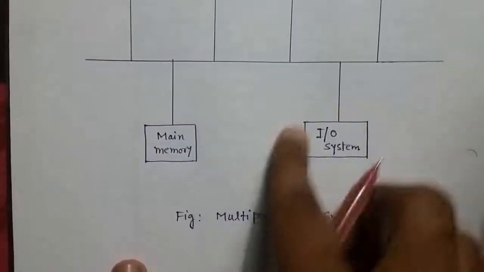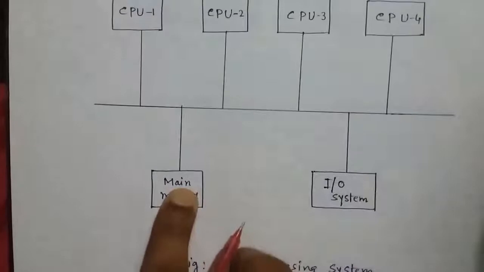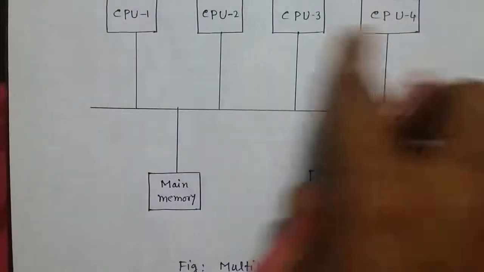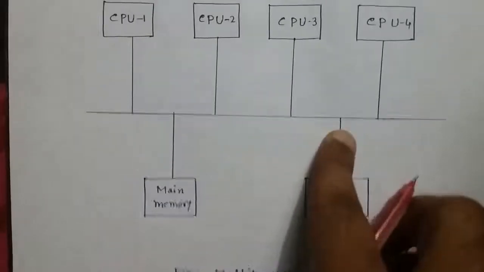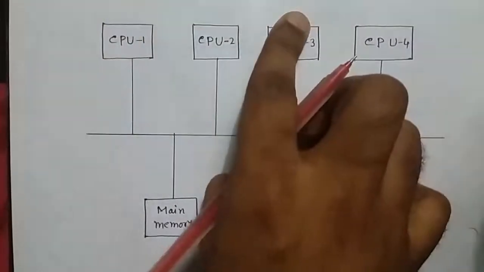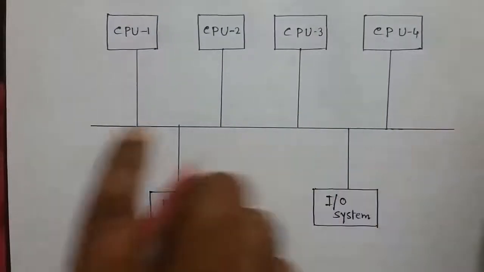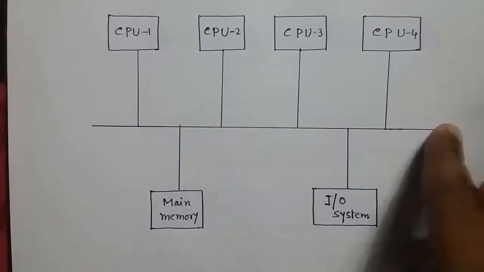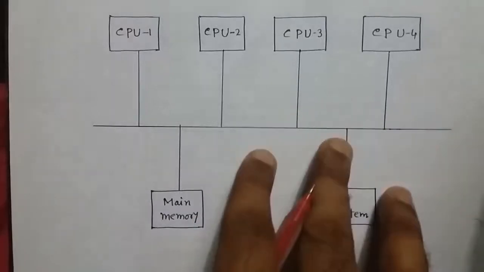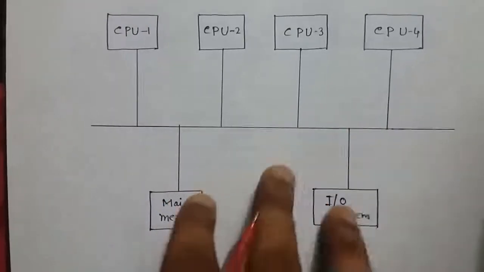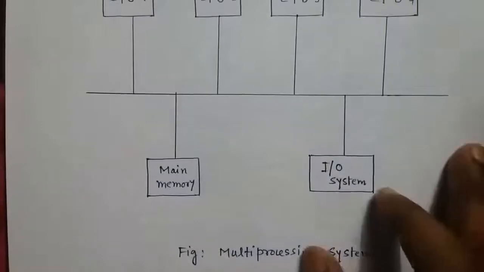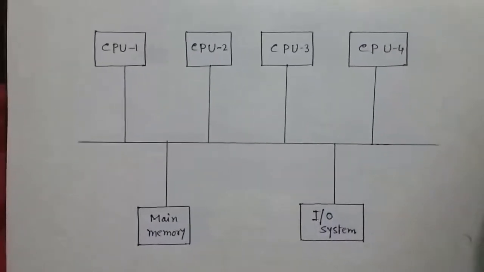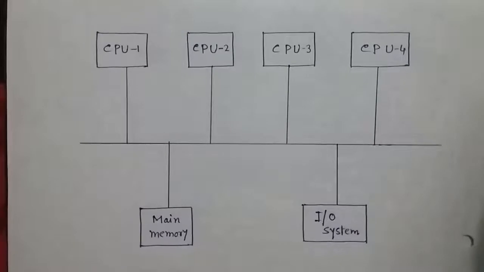A single main memory is connected to all the CPUs, and the same peripheral devices are shared by all the CPUs. And they are connected through the bus. Bus is nothing but the communication channel between every unit of the computer system. So this is the diagram of multiprocessing system. Once more look at this diagram.